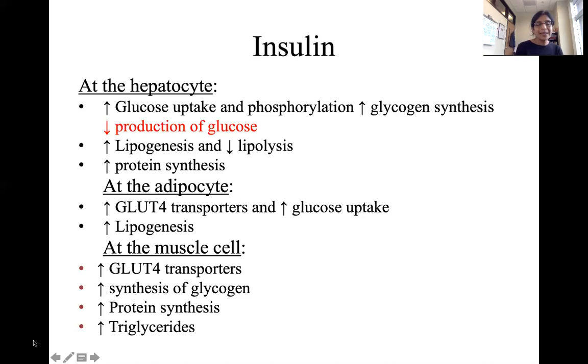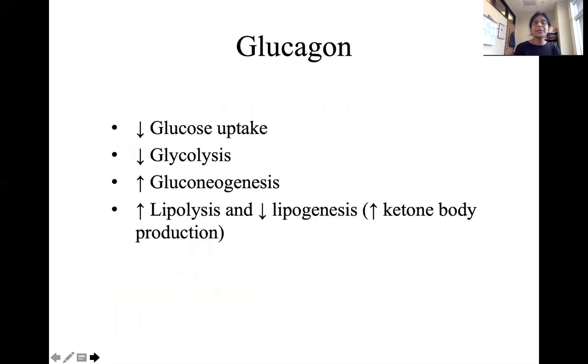Okay, with this, let's move on to talk about glucagon, which is the antagonist of insulin. If you know the functions of insulin, which you do now, you just have to think about the opposite for glucagon. So let's begin.